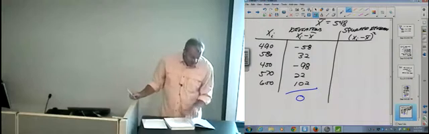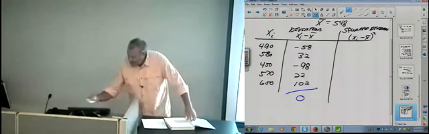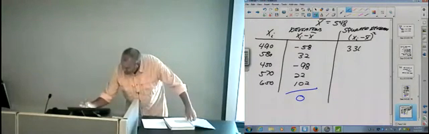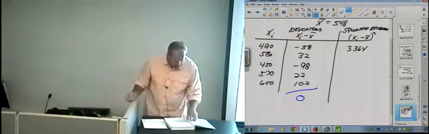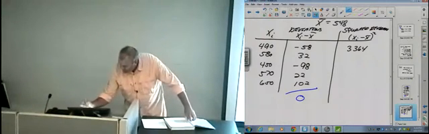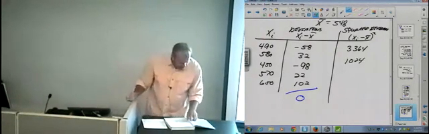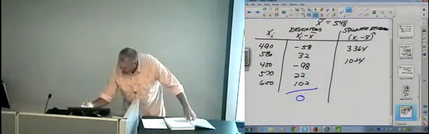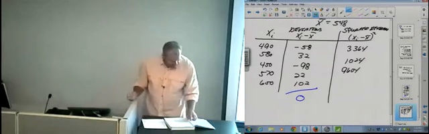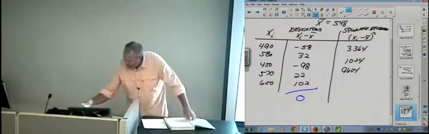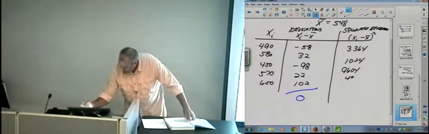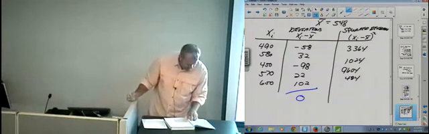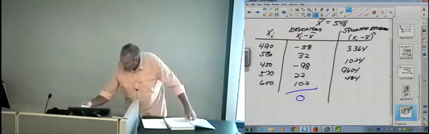It's going to come out positive. I'm going to look here in the book, and I'm going to get 3,364. If I square 32, I'm going to get 1,024. If I square minus 98, I'm going to get 9,604. If I take the 22 and square it, I get 484. If I take the 102 and square it, I get 10,404.